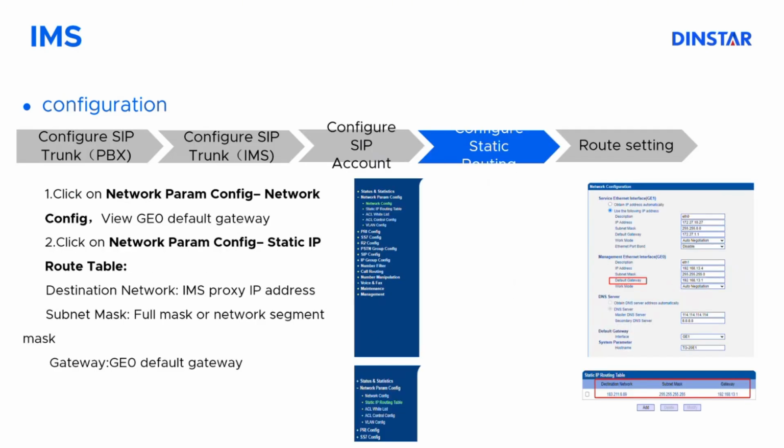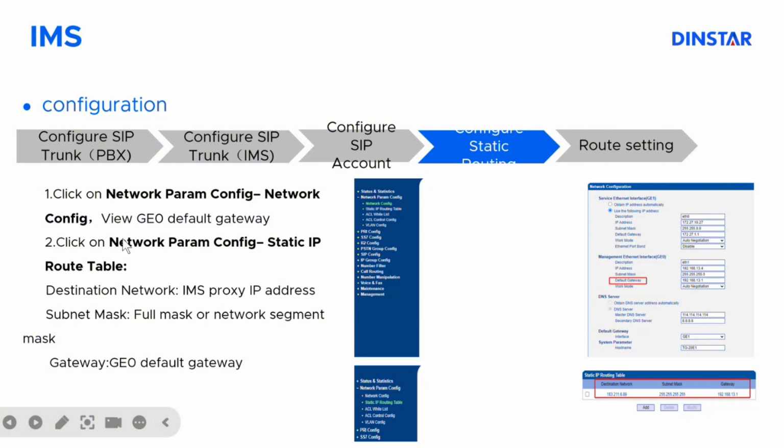Step 4 is the static route. If two network interfaces are used at the same time, and G0, we need to set it in the default interface. But here, we just set the default interface as G1.